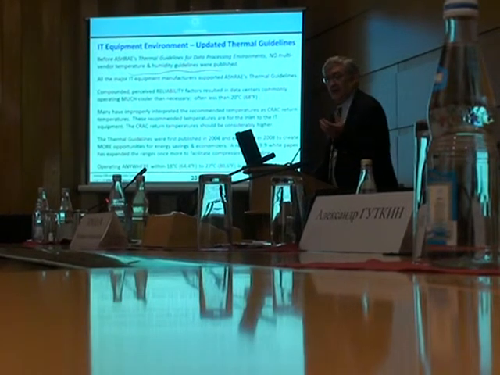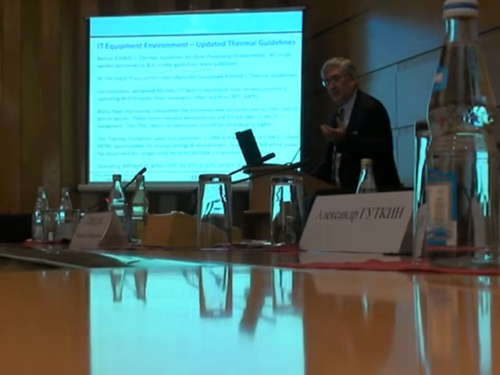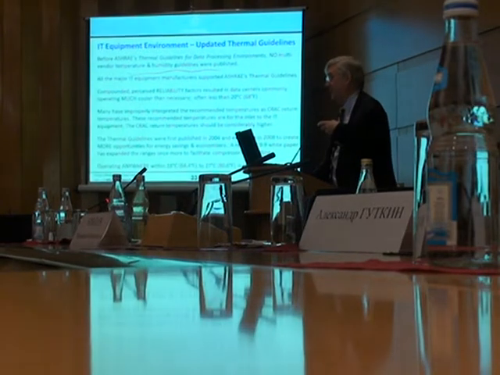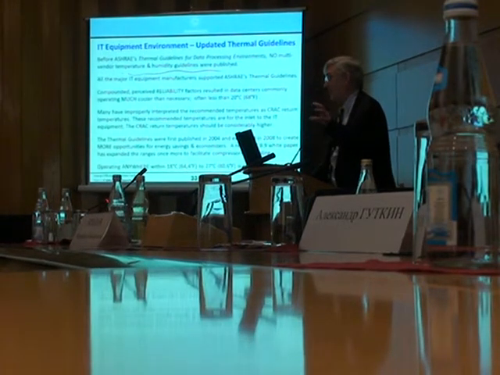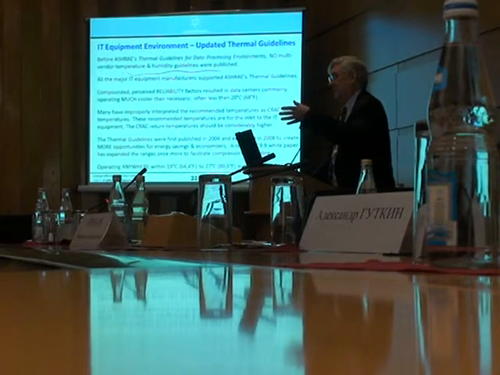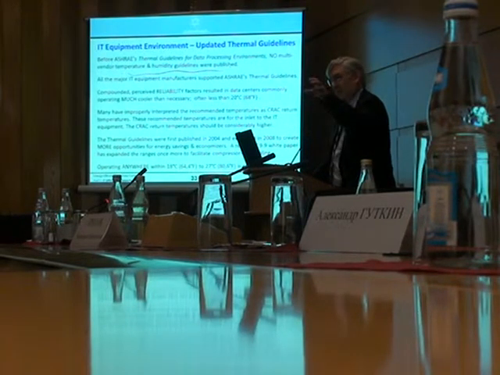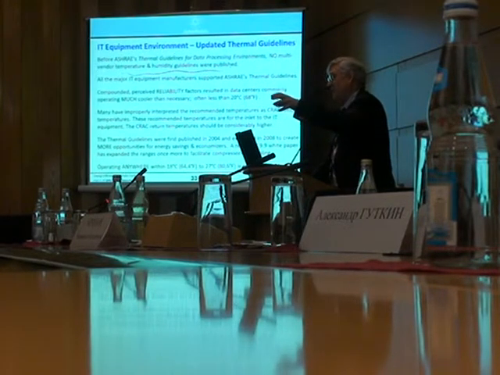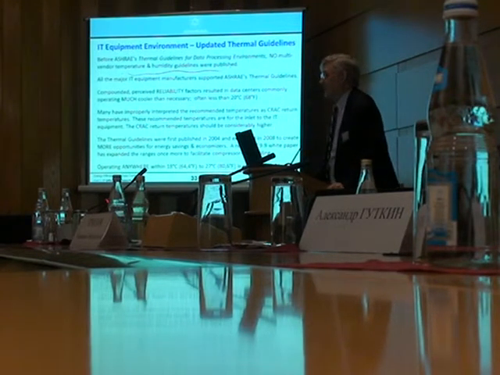We all had our own temperature and humidity for our own products. So for data centers, one IT manufacturer goes up to 30C, another one 27C, another one 32C. How do you operate your data center? It was a mess. It was not good.